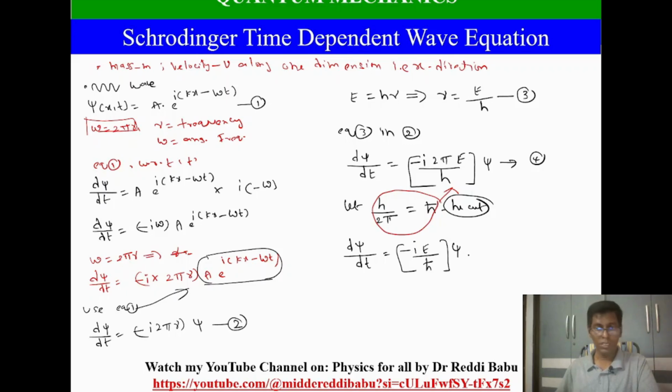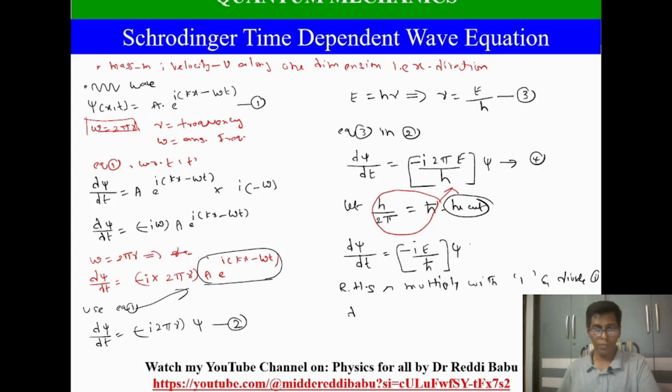Now I am modifying this equation, writing it in another form. On the right hand side of the above equation, I multiply with i and divide with i.